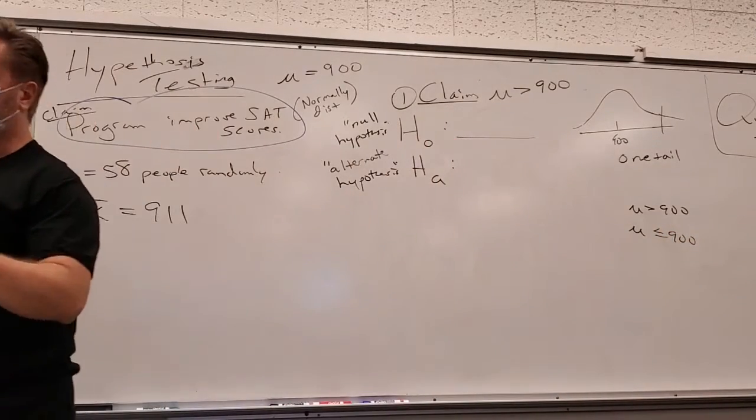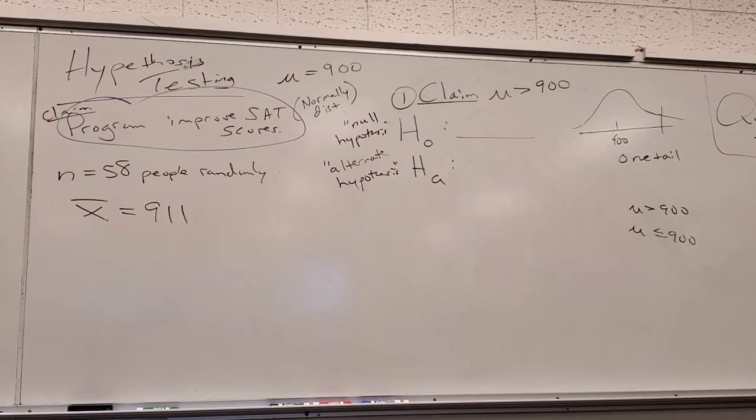All right, let me ask you this. What do you guys think about this? If I thought the average age of students at Grossmont was 28, and I took a sample, and my sample mean is 28, does that prove that the mean is 28? Does that prove it?